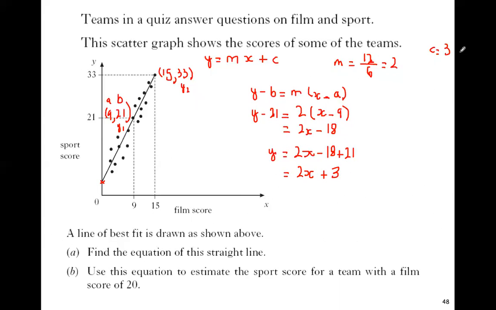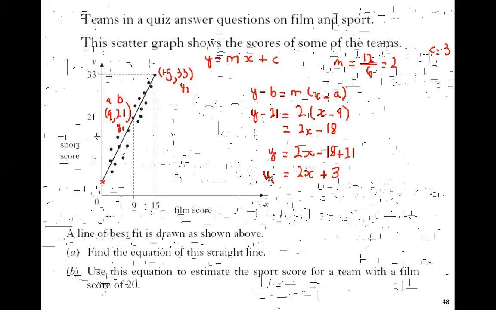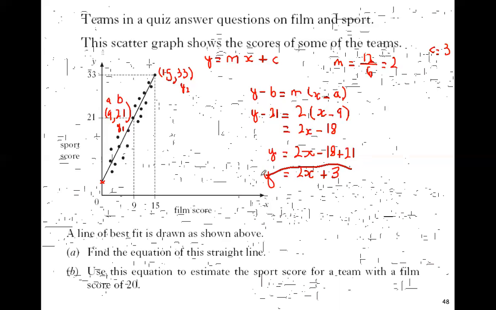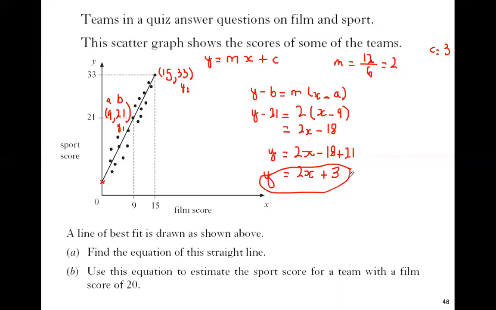And we've confirmed that using this technique, knowing that if you're at 2x, 2 times 9 is 18, you need to add 3 to get to 21. It does work. Now you can check that if I use 9 for x, 2 times 9 is 18 plus 3 is 21. My point 9, 21 belongs to my line. And that is your answer there.